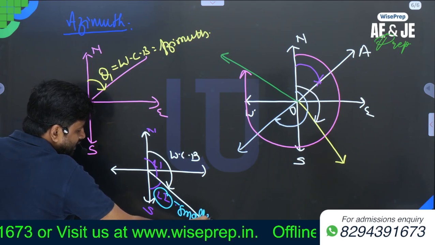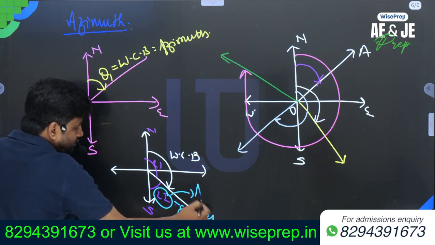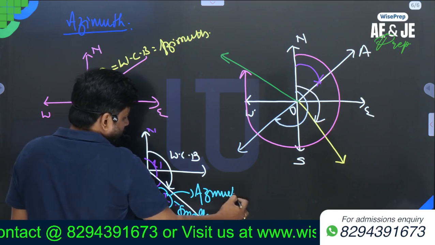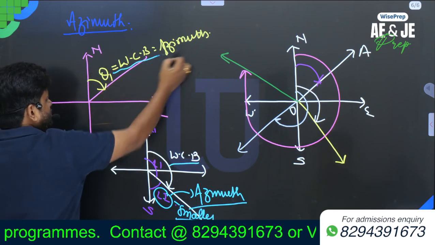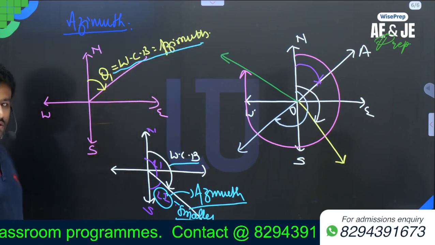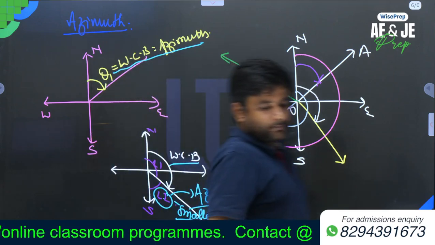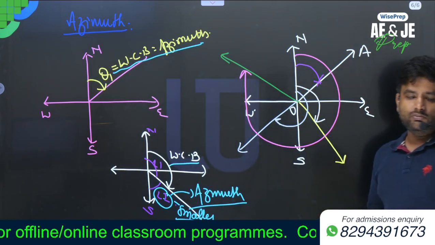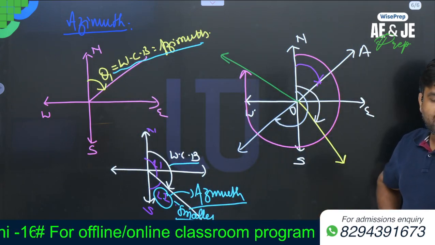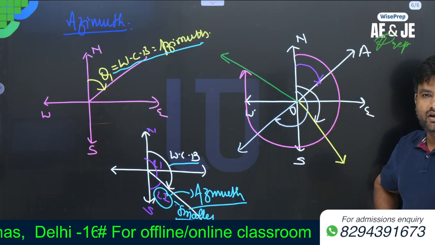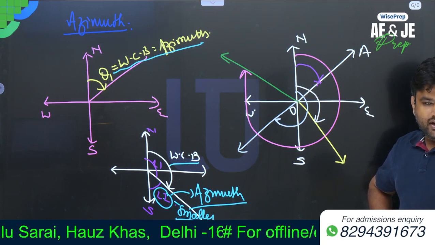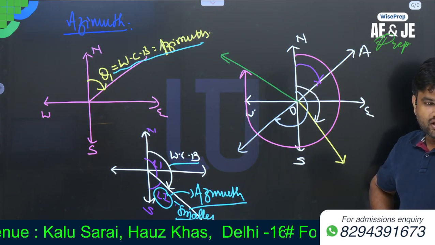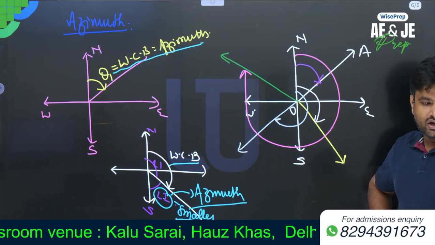So since angle 2 is smaller, this is azimuth. So here azimuth is not equal to WCB. Here azimuth is equal to WCB. So write down, azimuth is a smaller angle which a survey line makes with the true meridian.